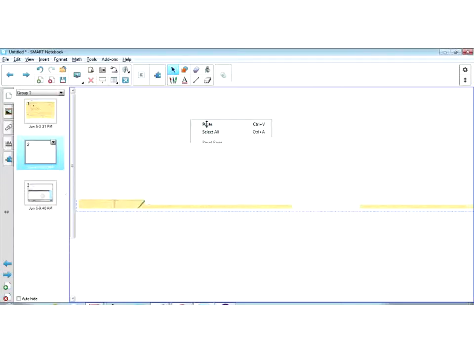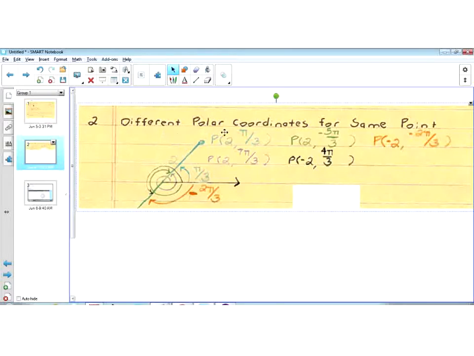In this note, I'm going to demonstrate how different polar coordinates represent the same point. Let's start off with this blue point right here. The polar coordinates of this point would be r equal to 2, a radial arm length of 2, rotated pi-thirds radians from the polar axis.